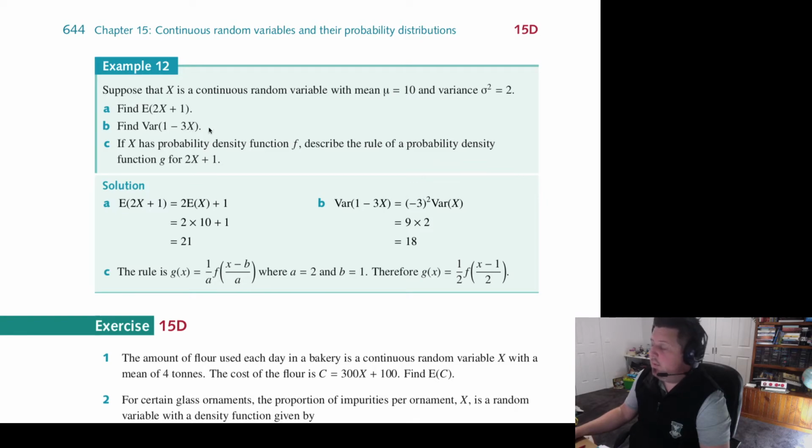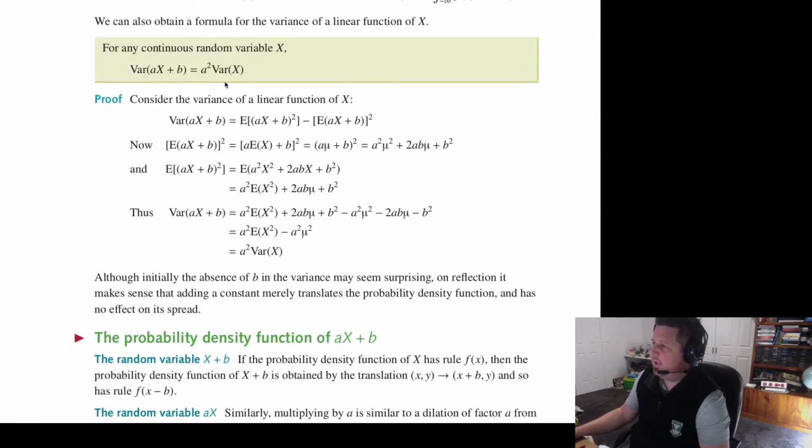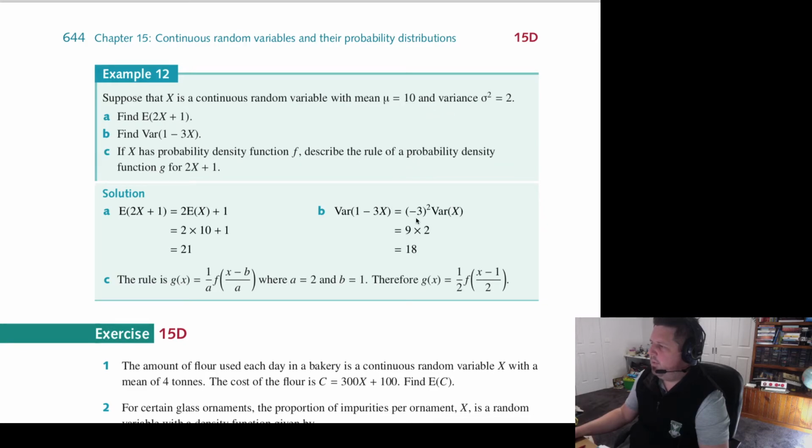So we just apply the rule that we spoke about up here to calculate the variance. It's going to be that a value, negative 3, squared, multiplied by the variance of x. We were told in the question up here that the variance of x was 2. So 9 times 2 is 18.